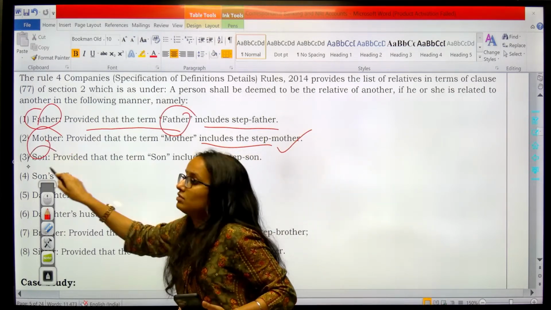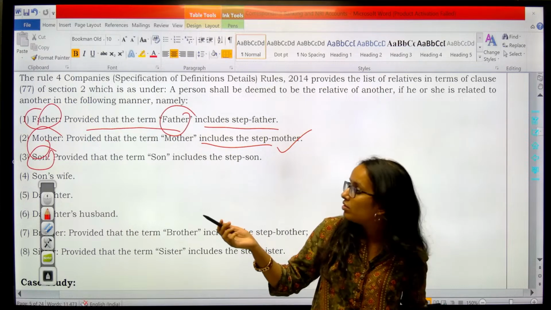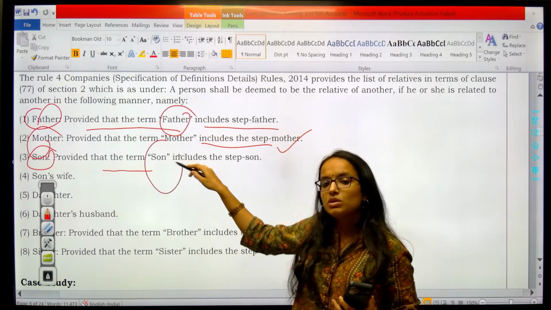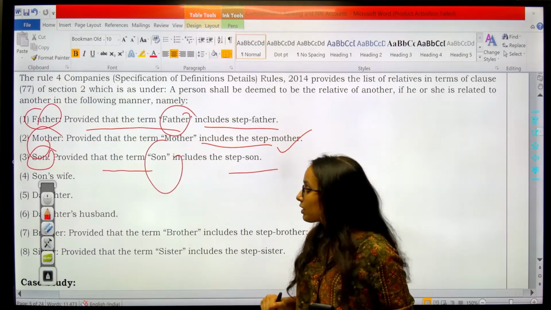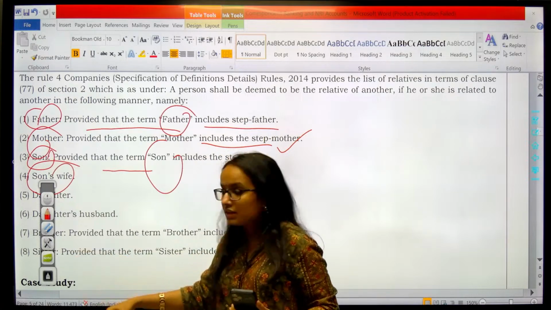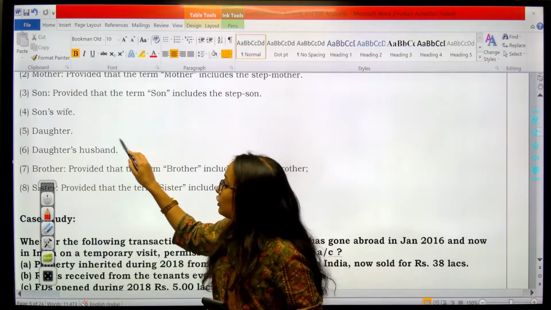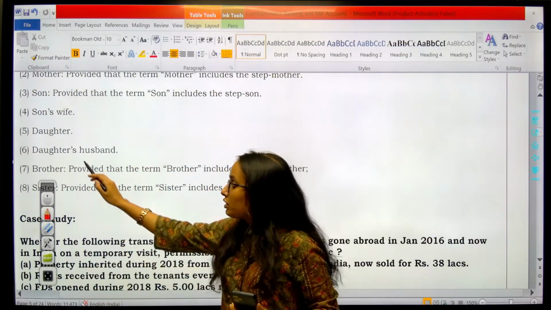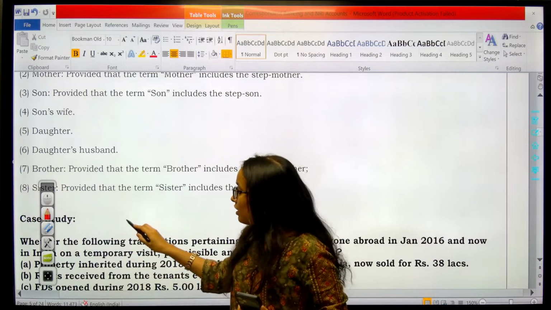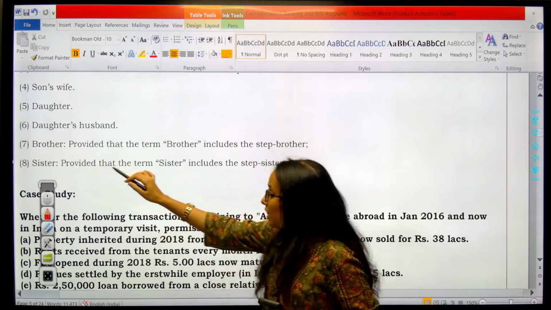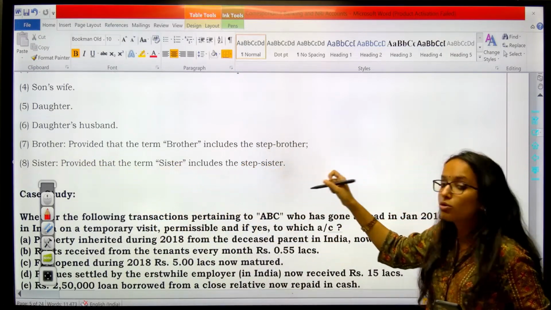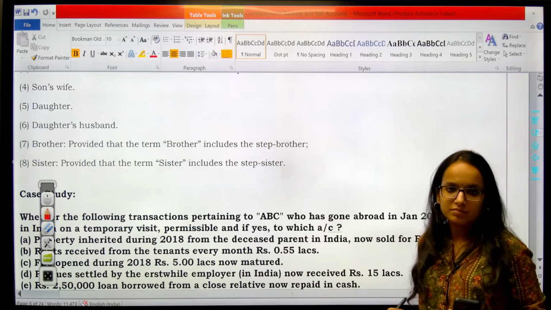Then son, one of them can be the son of the other, provided that the term son also includes a stepson. Son's wife can be the relative. Daughter can be the relative. Daughter's husband can be the relative. Brother, provided that the term brother includes a stepbrother as well.